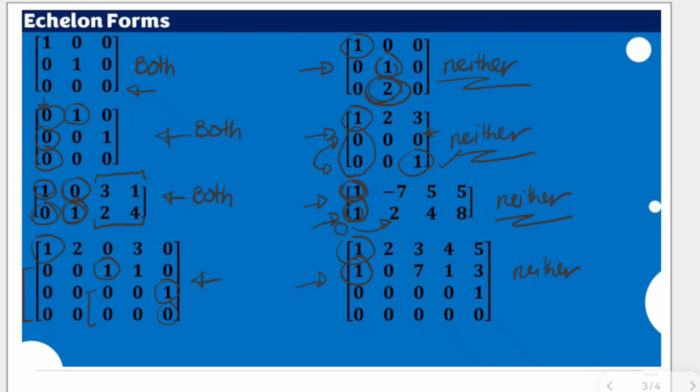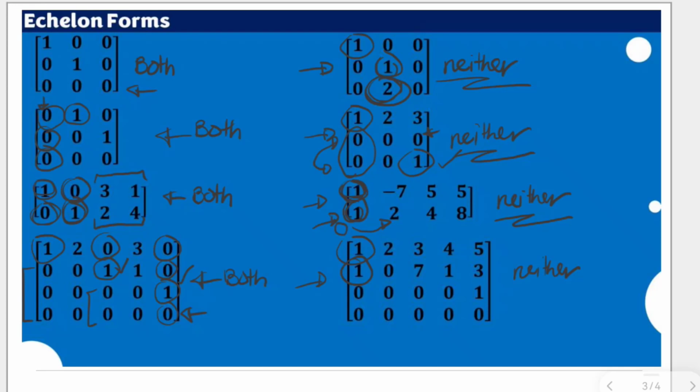This fits the criteria, as the last row also contains all 0 entries. However, this is not just row echelon form, but also both. Why? Look at this leading 1, the entry above it is 0. This leading 1 here, the entries above it are also 0. So this is both reduced row echelon form and row echelon form.